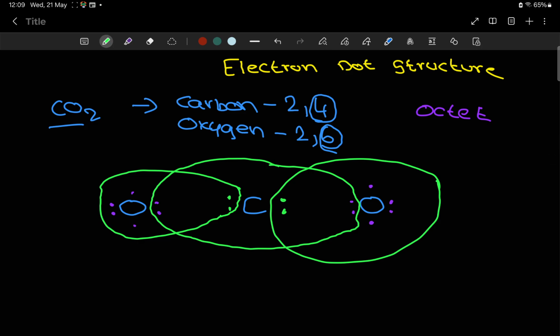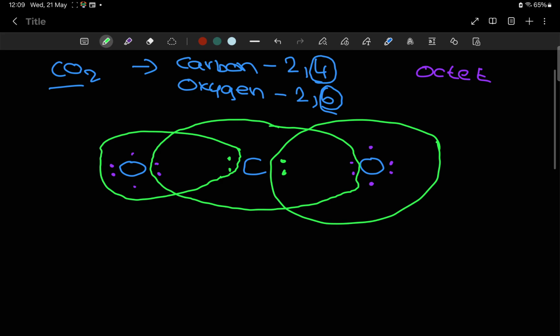So this can be written in terms of bonds also. For a neat manner, let's write it like this. Let's write again: oxygen, it shares electrons. We have 4 electrons here and 2 electrons here.